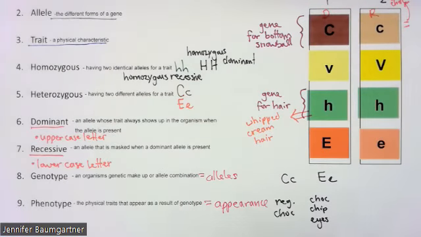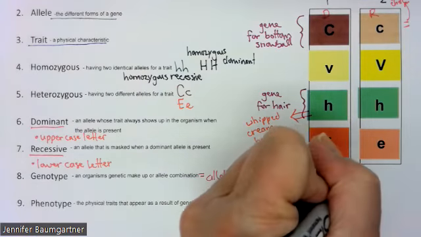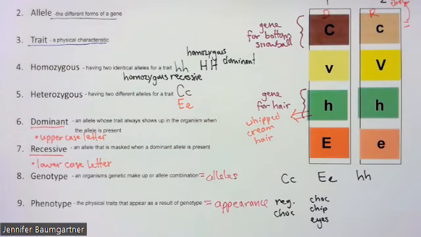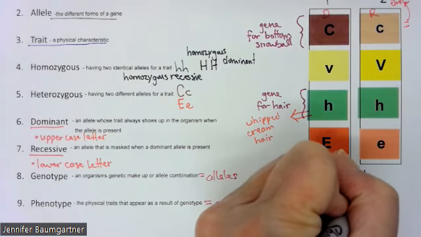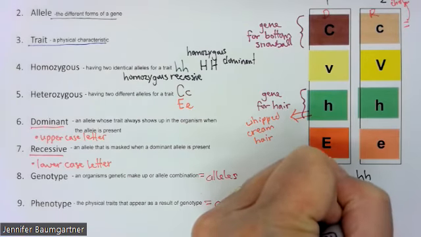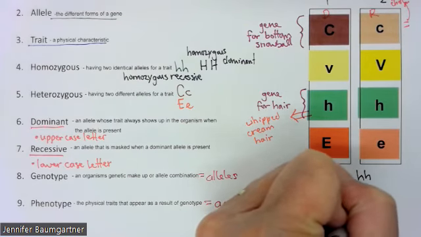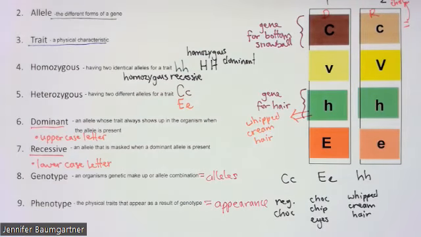So tell me what the genotype and the phenotype is for hair. All right, did you say that the genotype was lowercase h, and that the hair is going to be whipped cream hair? If so, you were correct.